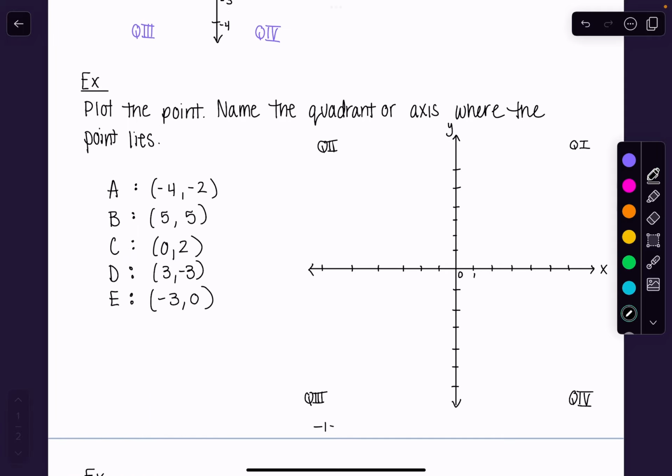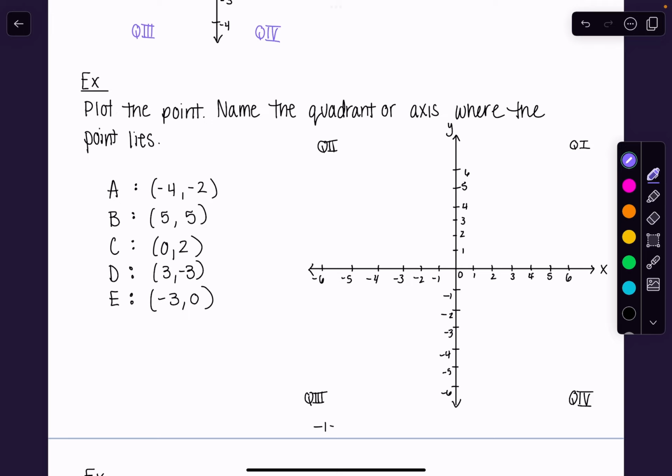Now if I move right, that's considered positive, so I'll count up by ones. Up is positive, and then left and down are negative. So -1, -2, -3, -4, -5, -6, and the same going down.